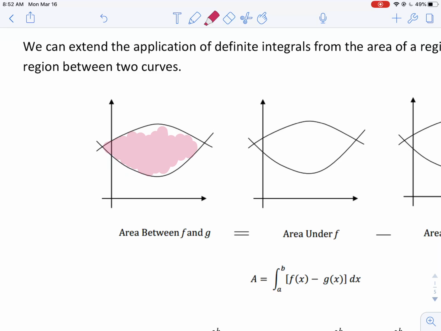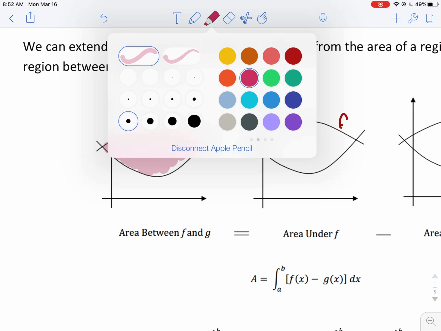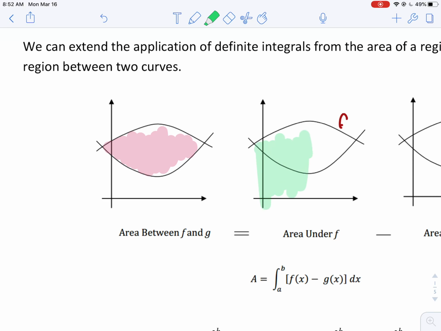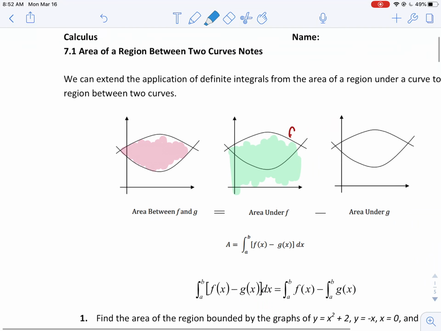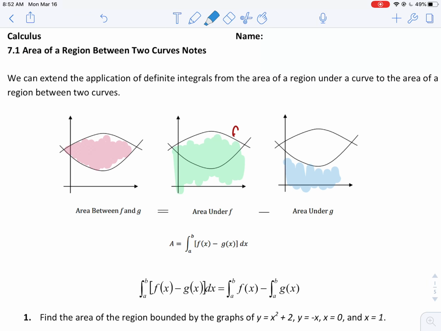Now, how I can figure that out is it's equivalent to the area underneath this top function in between the x-axis minus the area underneath the bottom function, or g. So if I take the green area and subtract from it the blue area, my remaining result is the area of the red area.